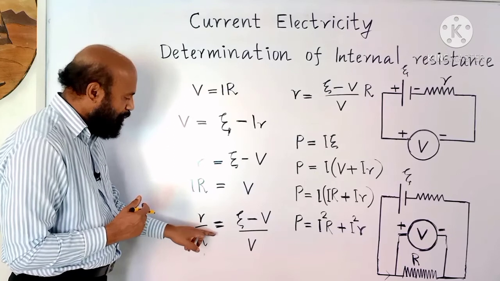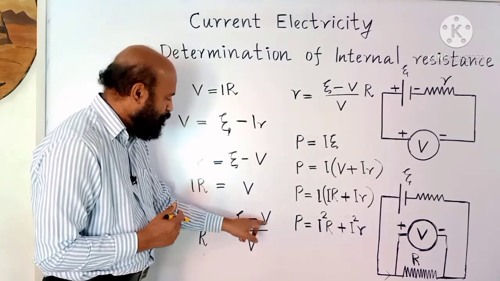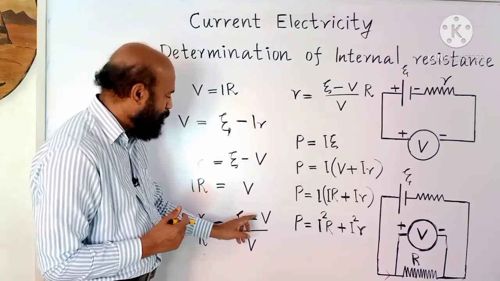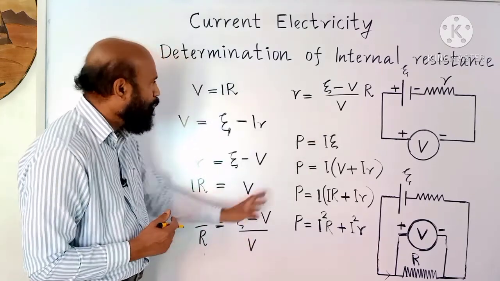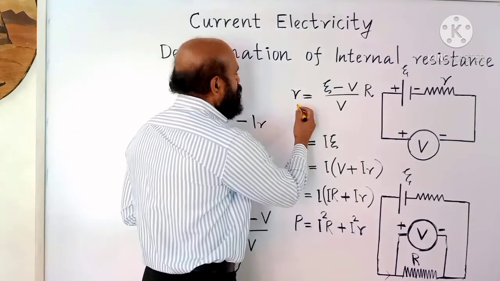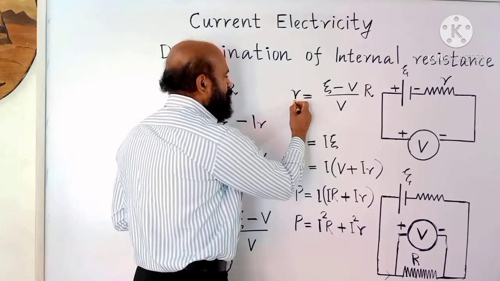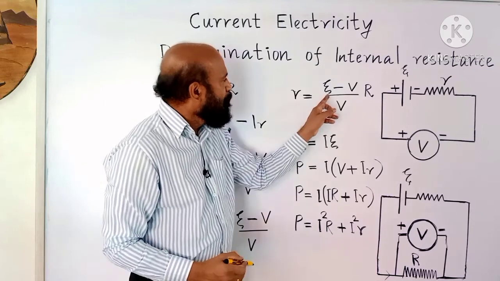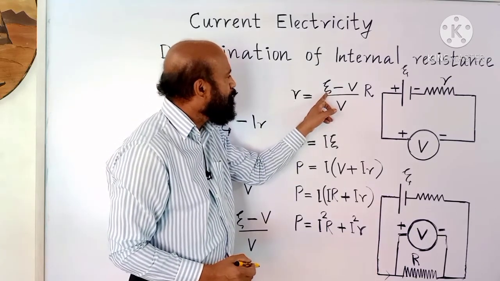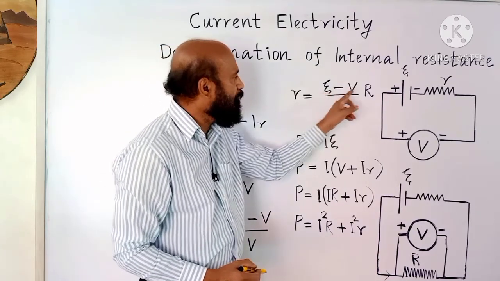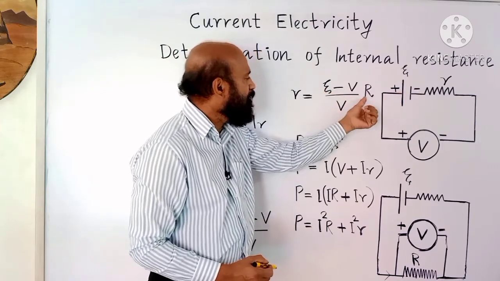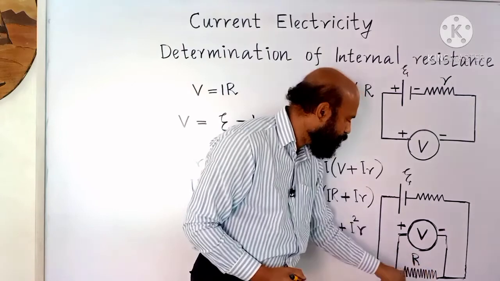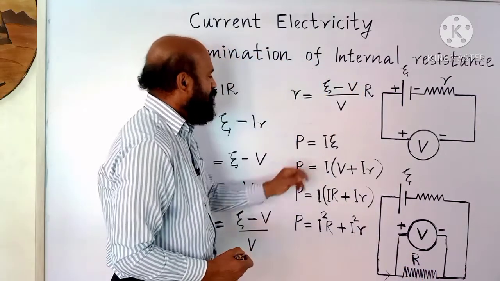So r by R is equal to (psi minus V) by V. So r is equal to (psi minus V) by V into R. Using this relation, we can determine the internal resistance of the cell, because we know the EMF of the cell, that is psi, R is the external resistance and V is the potential difference across the resistance.